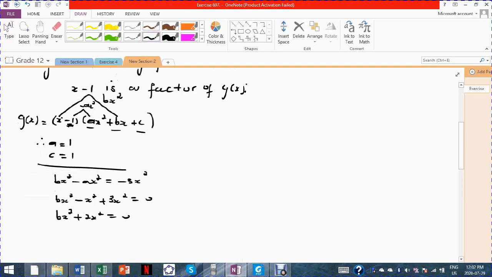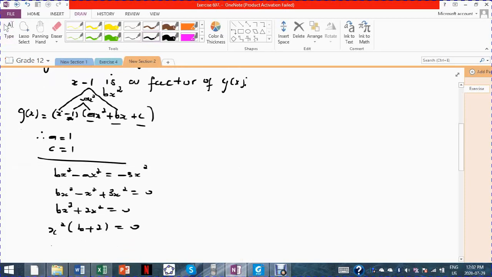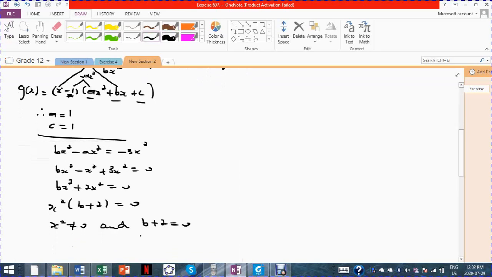Then we take out a common factor, x squared, and we have b plus 2 equals 0. In this case we know that x squared is not equal to 0, and b plus 2 equals 0. Therefore our b equals -2.